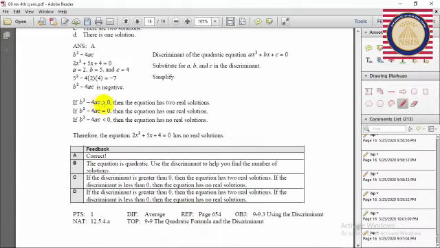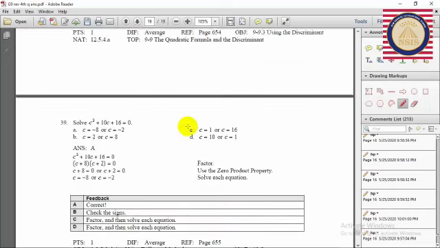Again, if I have it greater than 0, two real solutions. Equals 0, one real solution. Smaller than 0 or negative, so it will be what? No real solution. So positive, two real solutions, 0, one real solution, negative, no real solution. Okay, very good.